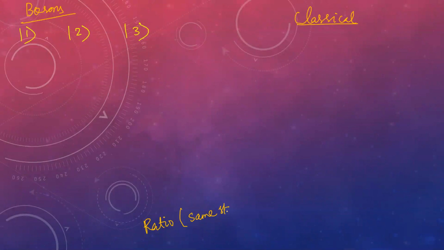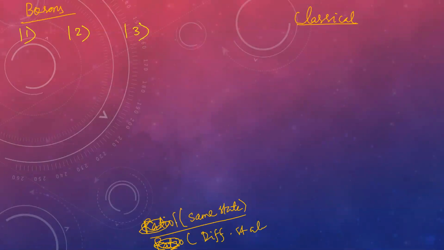Okay, so I am drawing this for bosons. This one is for classical. We are asked the ratio of the probability of particles in the same state divided by the probability of particles in a different state. Here, bosons. Two particles are there.